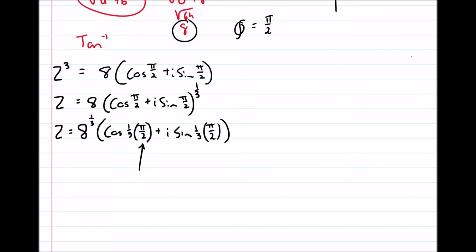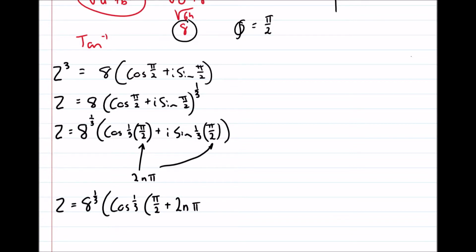So here, for this theta, instead of just leaving it as theta, we have to add in another 2n pi to here and here. So z equals 8 to the power of 1/3 cos 1/3 of pi over 2 plus 2n pi, plus i sine 1/3 of pi over 2 plus 2n pi.